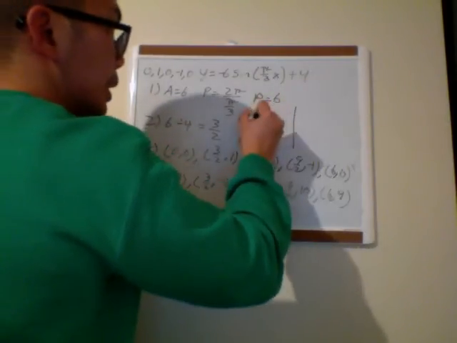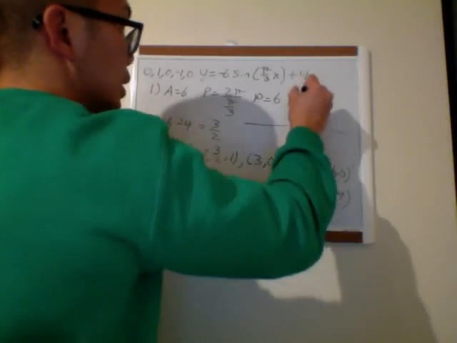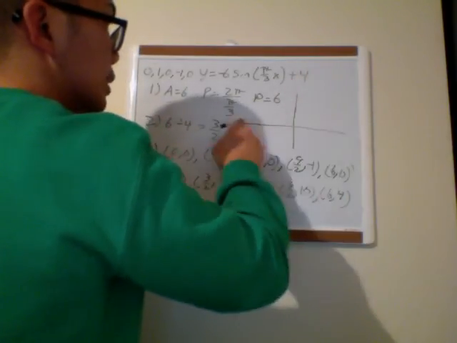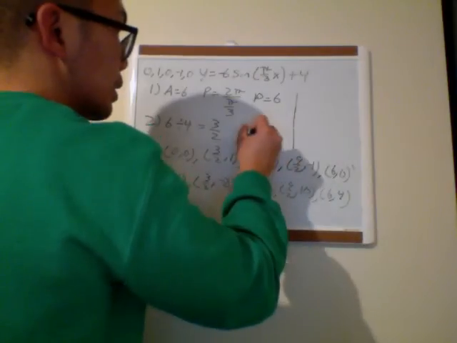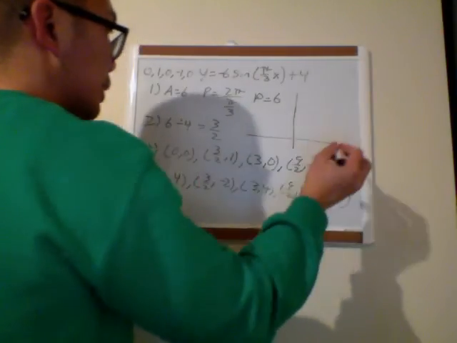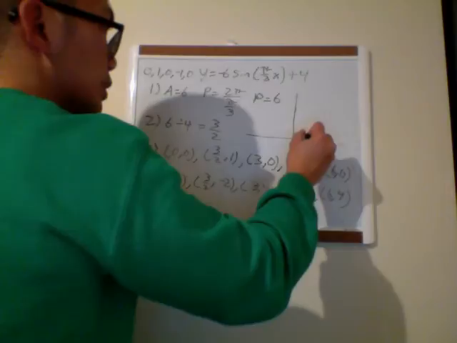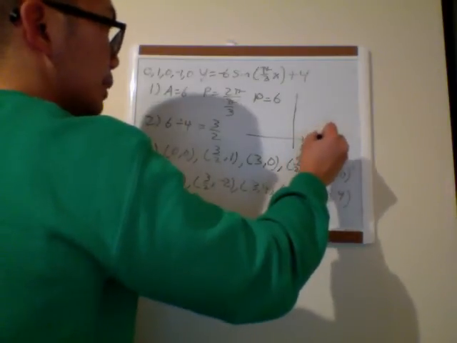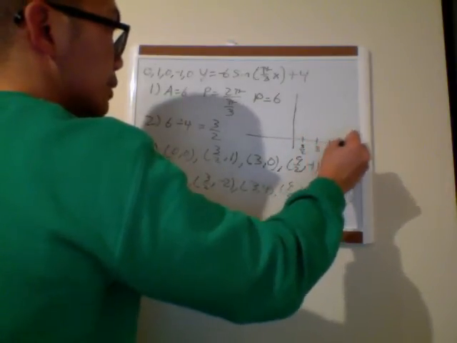I know my interval length is 3 halves, so I'll be at 3 halves, I'll be at 3, I'll be at 9 halves, and I'll be at 6.